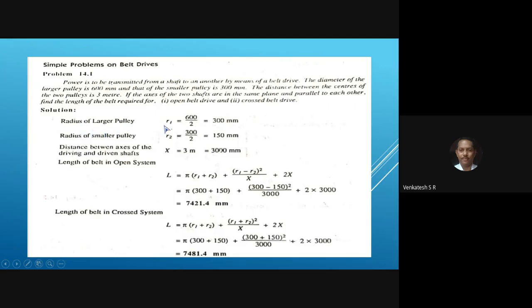You have diameter, divide the diameter by 2, you will get radius. Next, the radius of smaller pulley, R2 equal to 300 divided by 2, that will give you 150 millimeter.